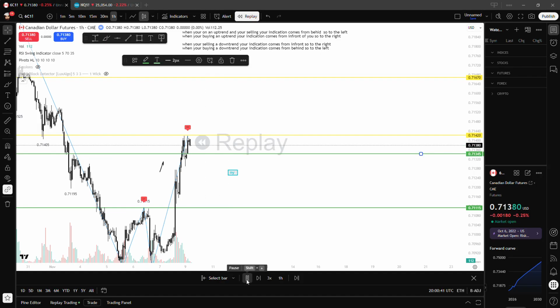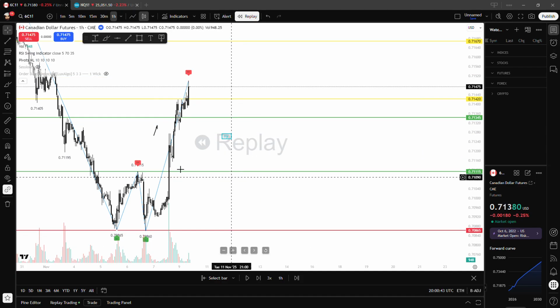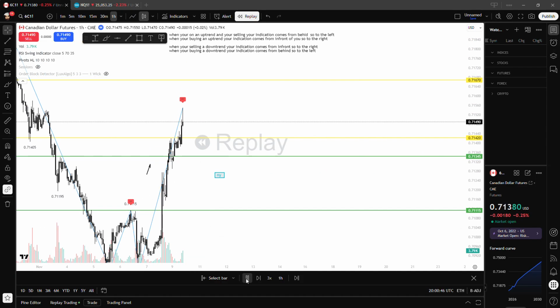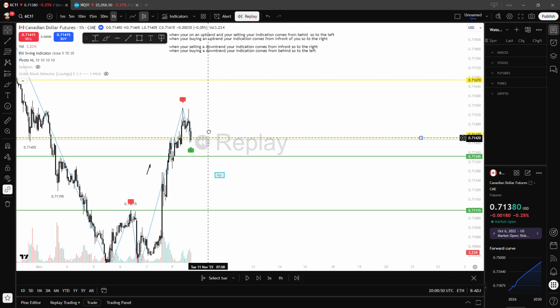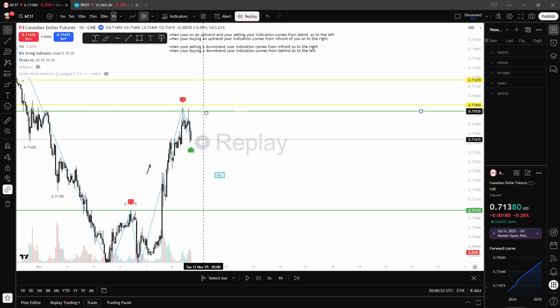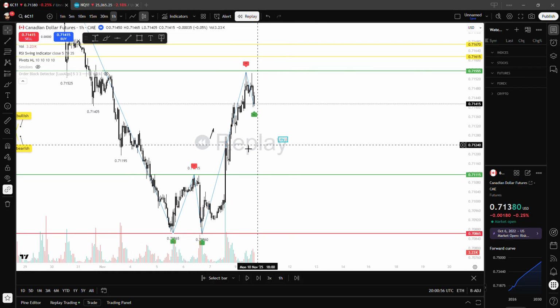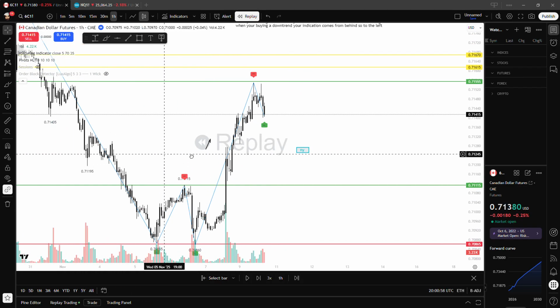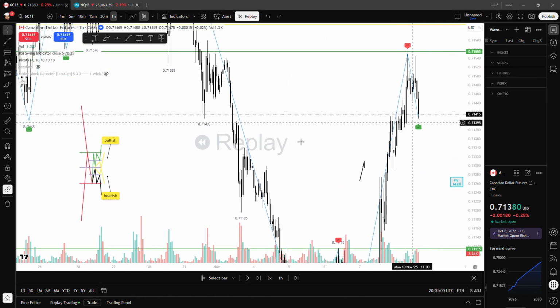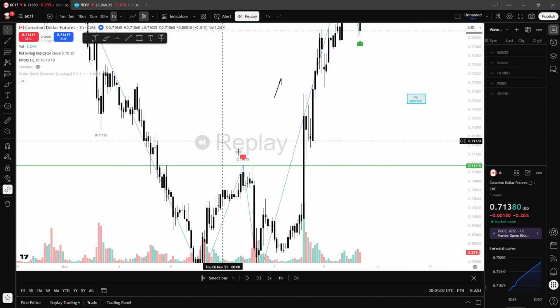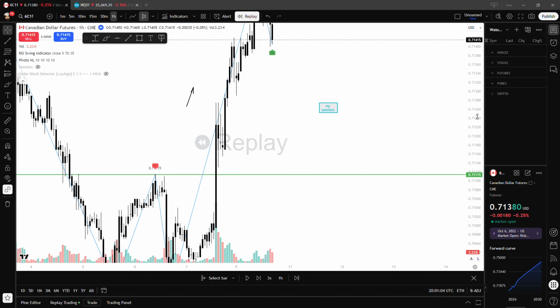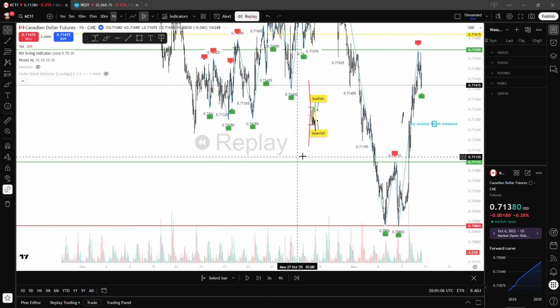But yeah, now we have an indication for this level. And I don't think this is honestly a good example of buying a downtrend.